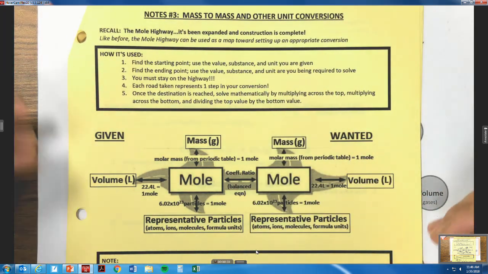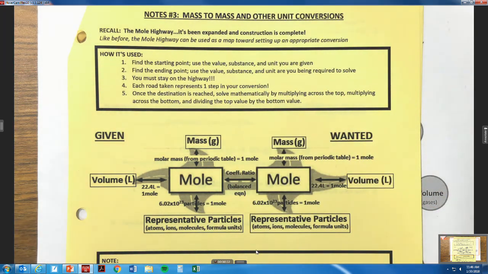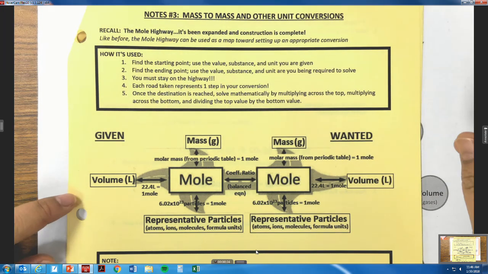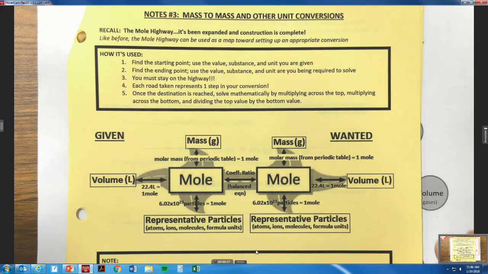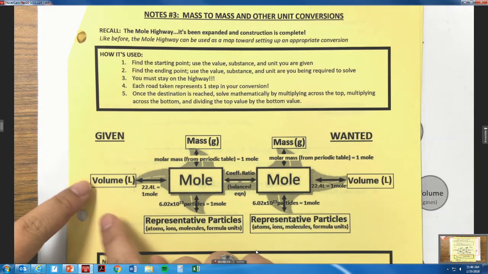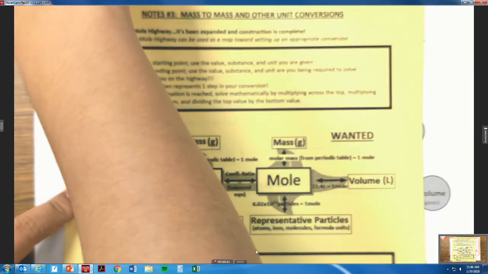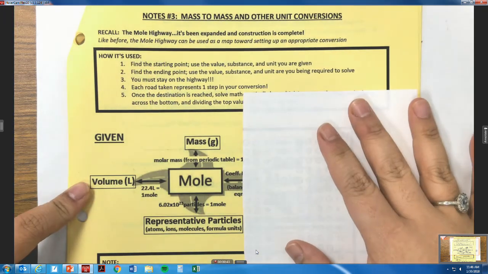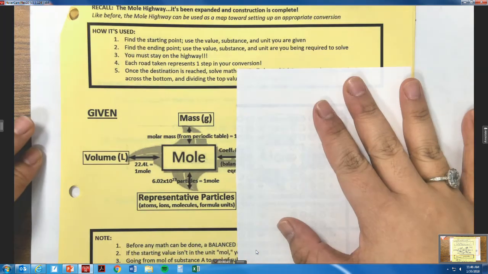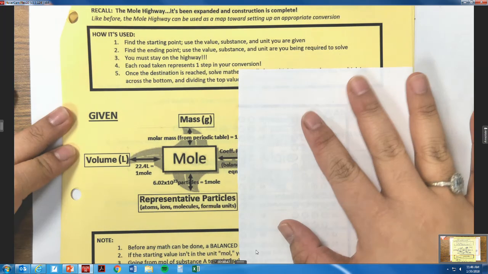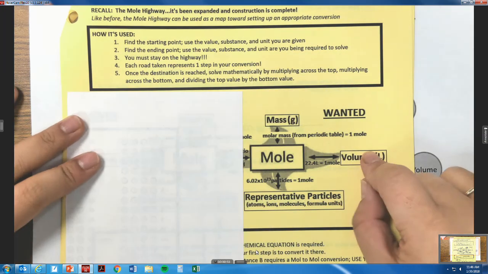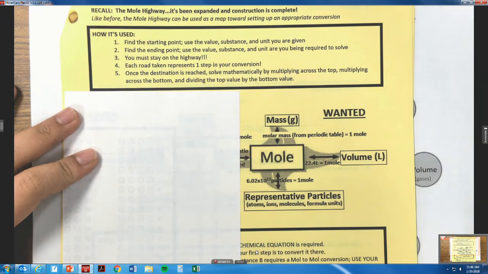So how do we use our mole map? Well, you're still using it the same way. Your starting point is always going to be on the given side, so basically this side of your mole map. Your end point, or what you're trying to find, is going to be on the right side of the mole map.